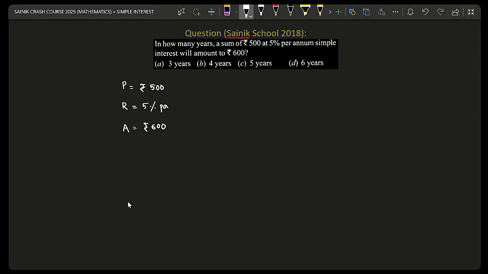A by P is equal to 1 plus TR by 100. Just substitute. What is amount? 600. And principal? 500. So 600 by 500 is equal to 1 plus T into the rate of interest, 5 by 100. From this, how to calculate the value of T?